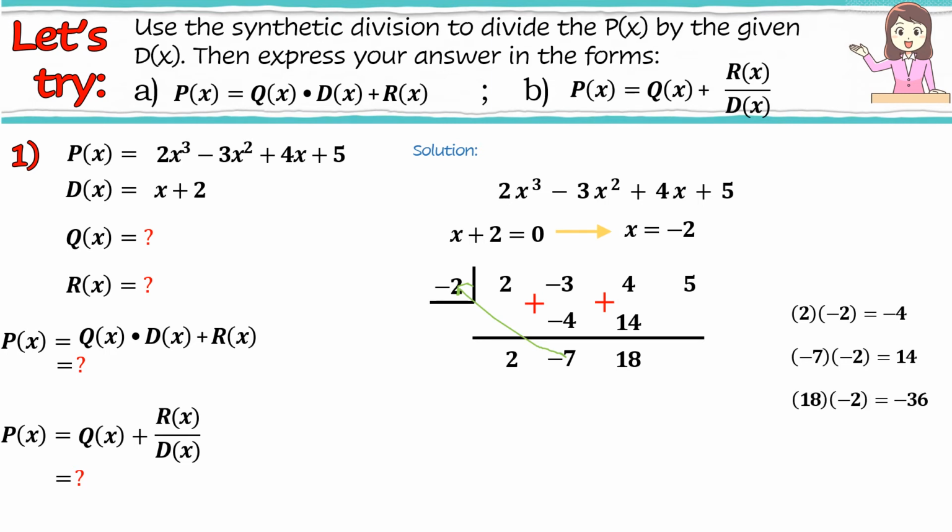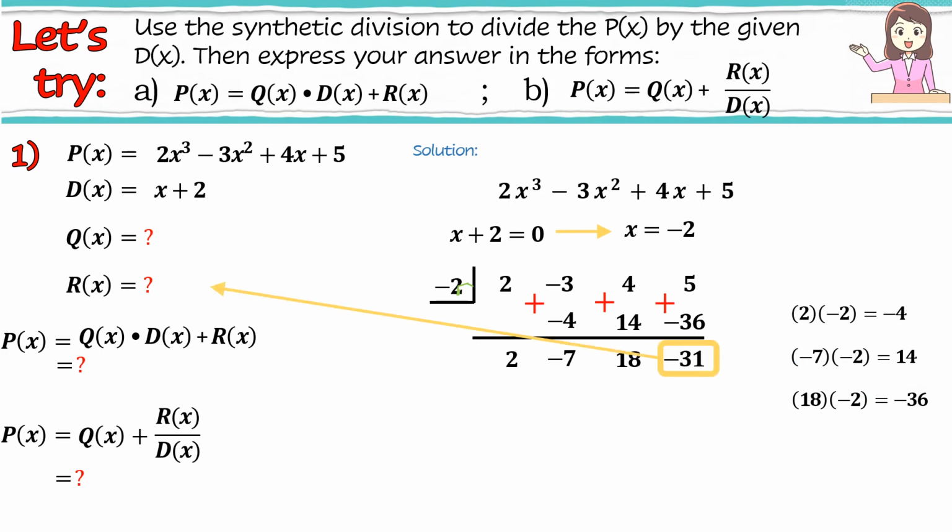And then, ulitin ulit natin yung proseso. We have 18 times negative 2. That will give us negative 36. So, nakalinya na siya sa dulo, sa ilalim. So, 5 and then negative 36. And then, we will add the two.